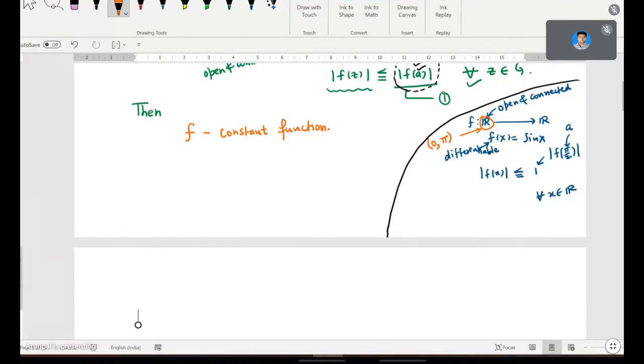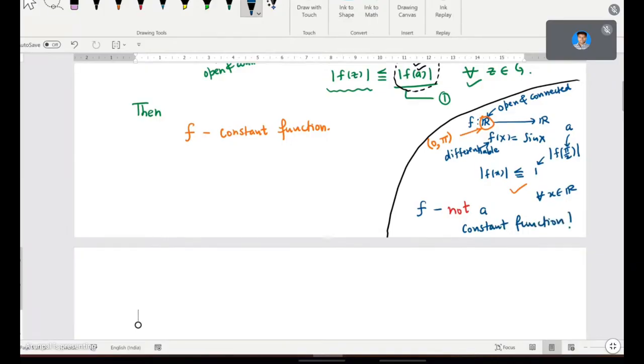Still the function is bounded, and you will have exactly this situation. And certainly you can see clearly that function f is not a constant function.